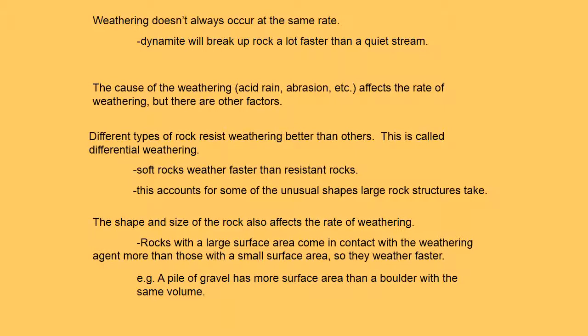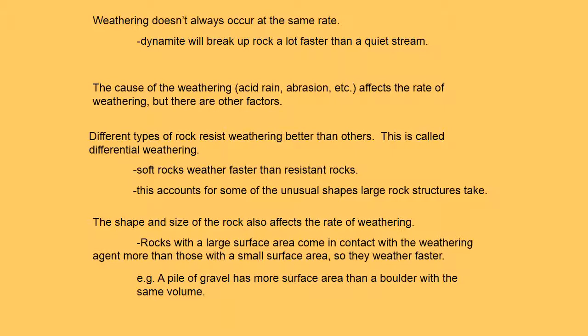Weathering, whether you're referring to mechanical or chemical weathering, doesn't always occur at the same rate. Dynamite will break rock a lot faster than the abrasive powers of a quiet stream, and much faster than the chemical effects of a puddle. When looking at how fast rock will weather, several things must be considered. The first is the cause of the weathering.